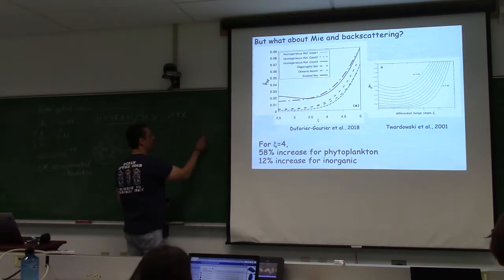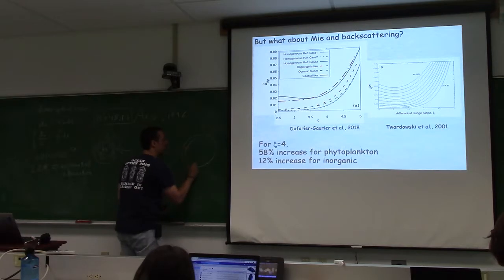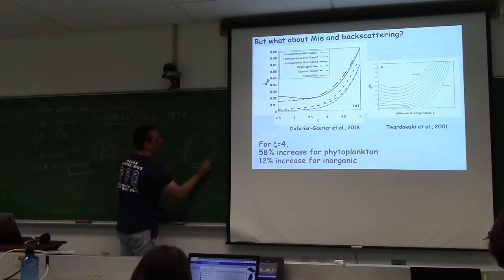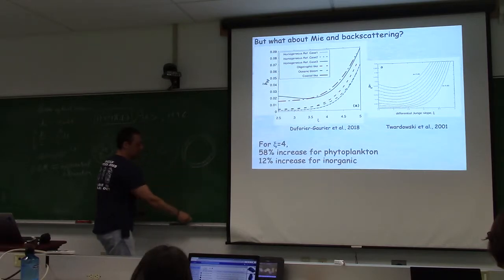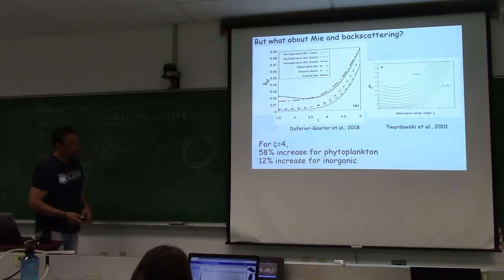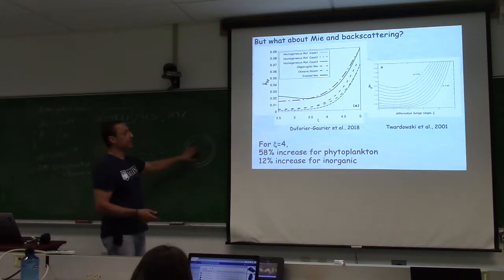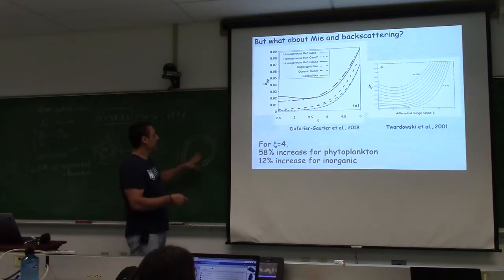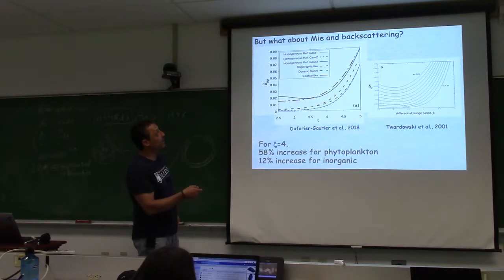So instead of modeling it with a homogeneous sphere, now they say, okay, it's a coated sphere that we're going to use. And I'll show you some more results as to how we got into those models recently. And then for inorganic, only 12% change. If they do a coating, but most inorganic are solid.